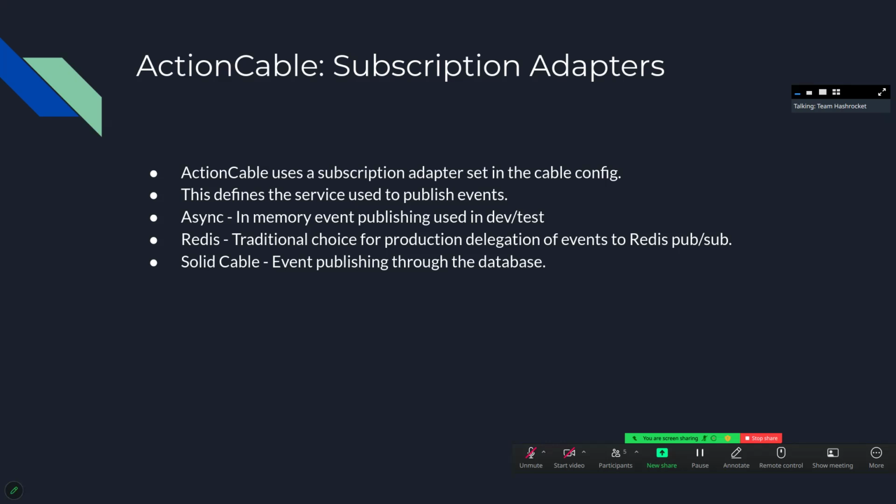But the default pretty much is Solid Cable. Solid Cable is a library in the Solid family of libraries, the other ones being Solid Cache and Solid Queue. And that's just Rails moving away from Redis and towards using the database.